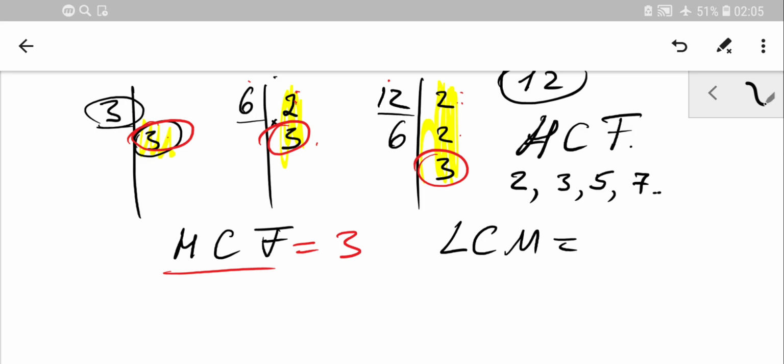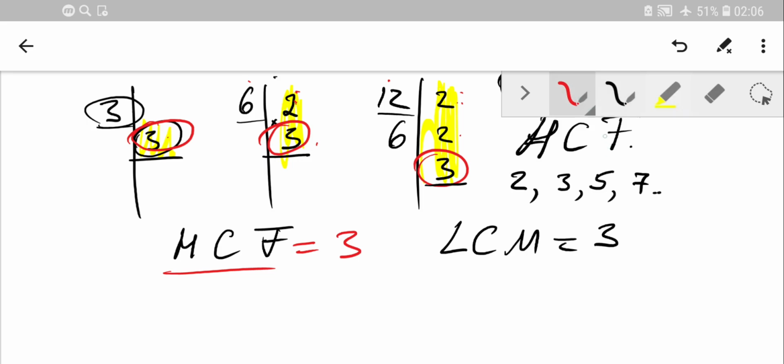So you need to include in LCM the product of unique numbers, and if they're repeating, you just take it into account only one time. For example, let's say 3, 3, and 3 here, it's a repeating number, so you include it only one time. However, for example, this one, I put the blue.